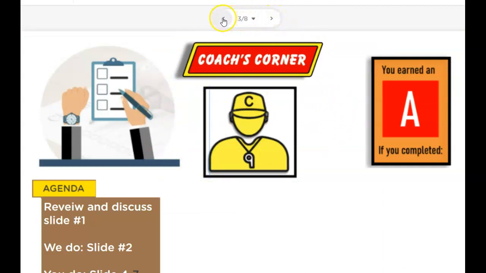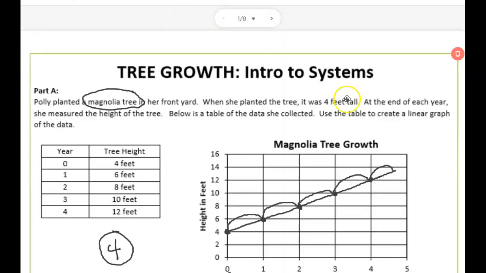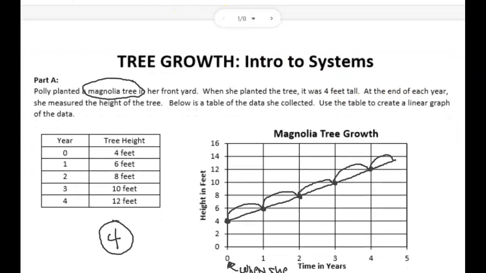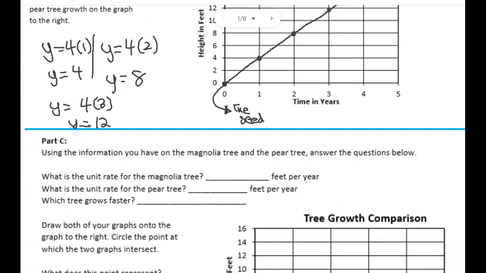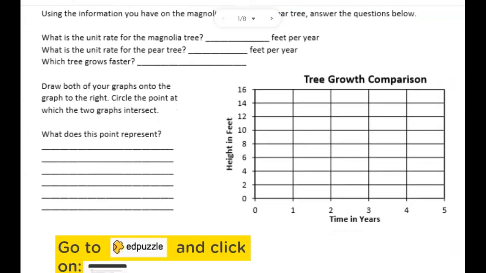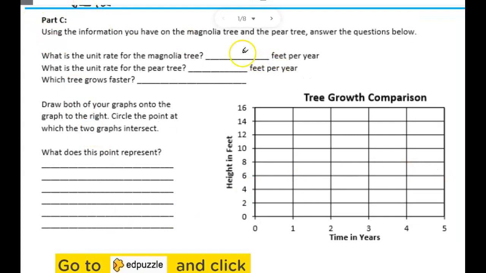So let's go back here. All right. So we can see that. So what is the true answer here? Let's go down. Looks like for every 1 year, it increases by 2 feet.